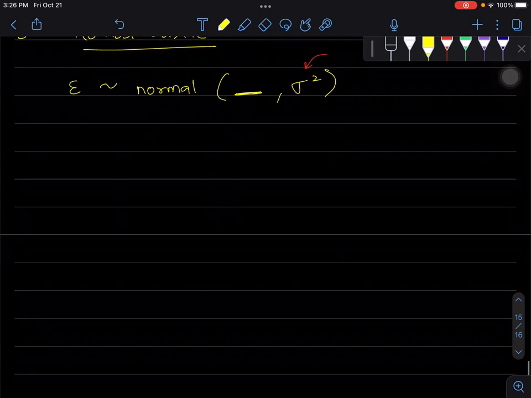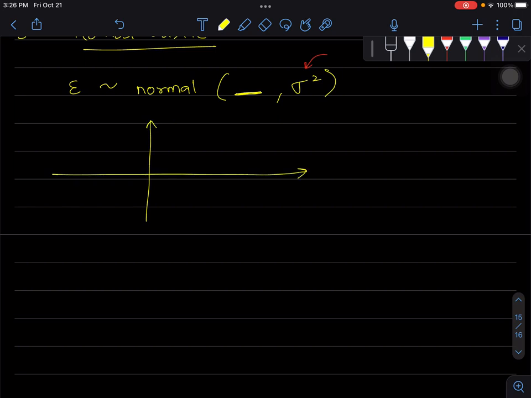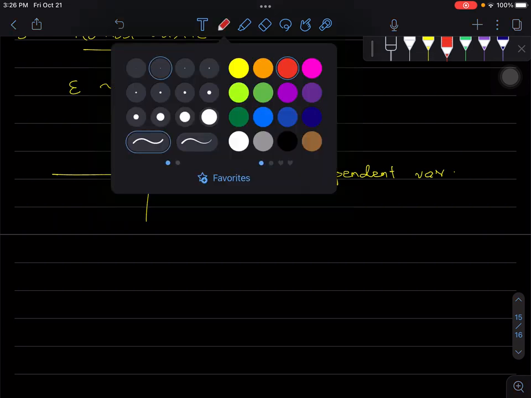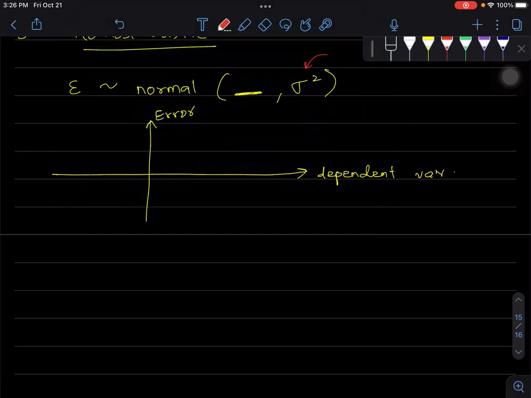If we want to look at it graphically, let's say we plot the dependent variable here and the error over here, then the error should be scattered evenly.